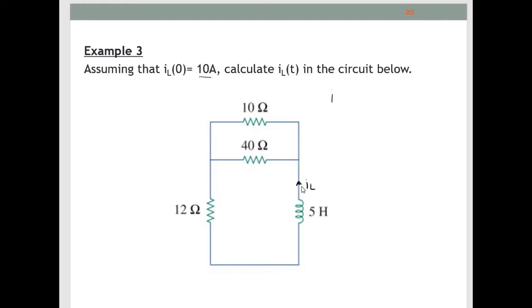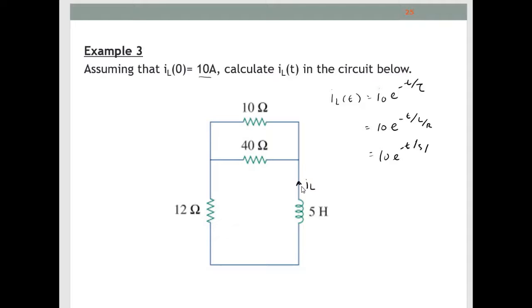Based on these equations, iL(t) equals I0 e to the negative t over tau. So we can directly insert the formula, which is 10 e to the negative t over tau, where tau is L over R. Our L is 5 over R equivalent.